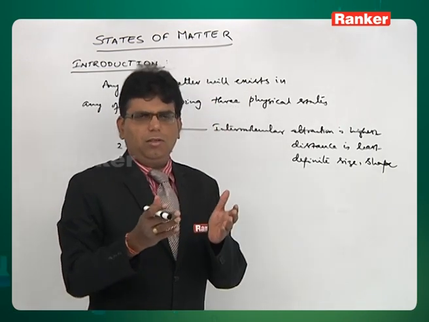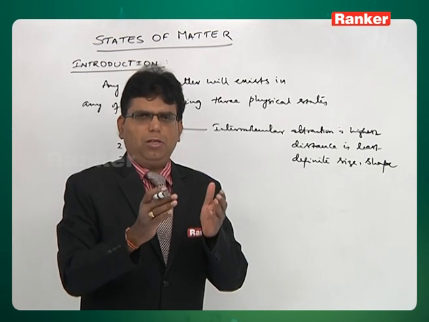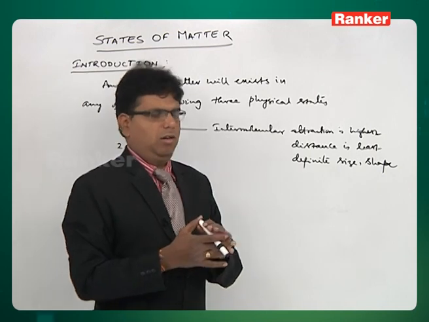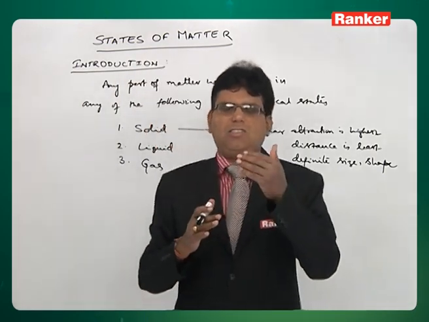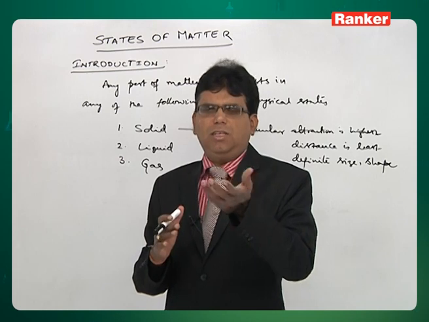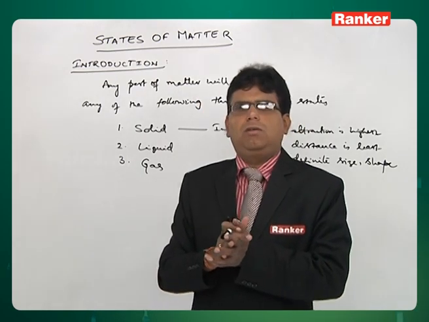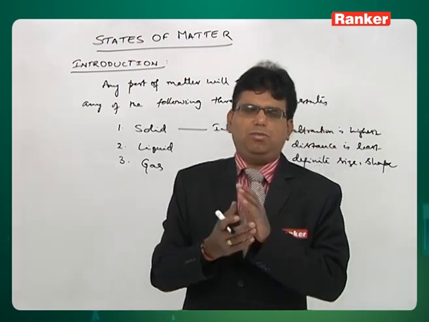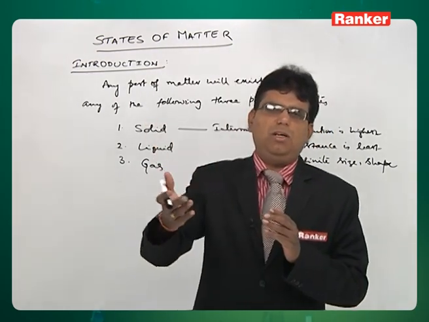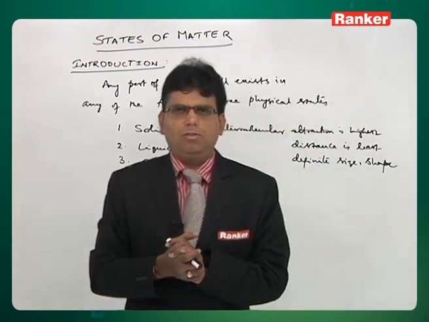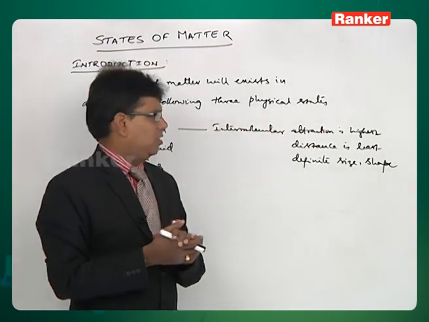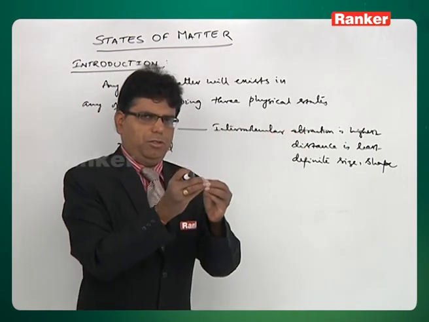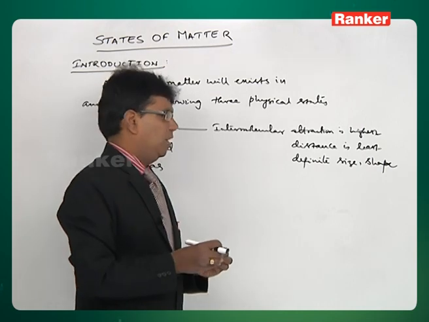Any part of the matter obviously is made up of certain molecules or certain atoms, which are the least sized particles that make the difference in the properties of one substance from another, the reasons we can differentiate one substance from another. So, intermolecular attraction means the attraction between two such molecules, and in solids it is very high.